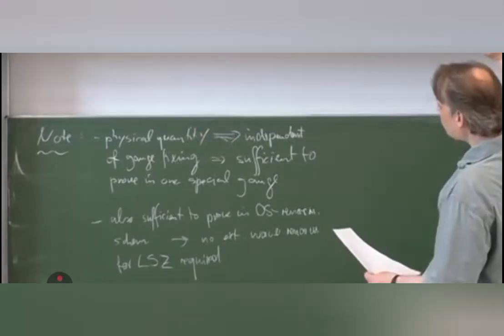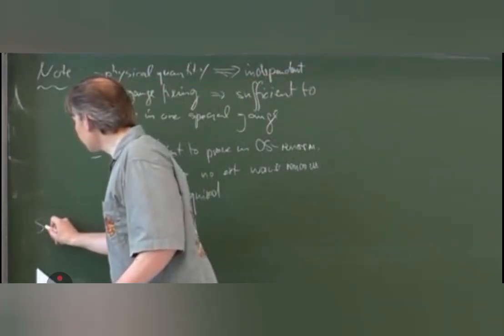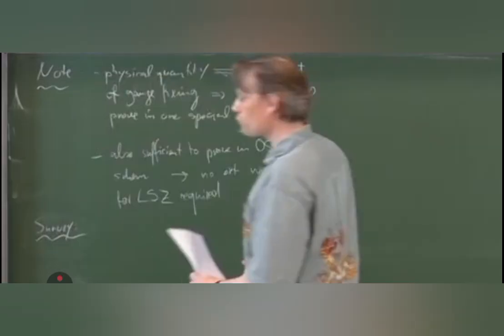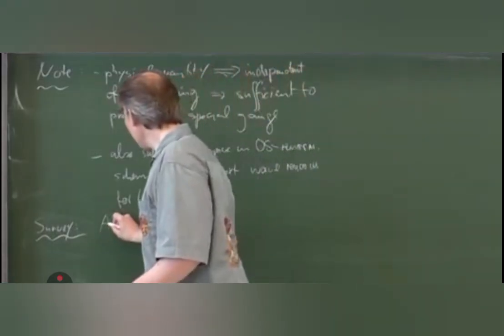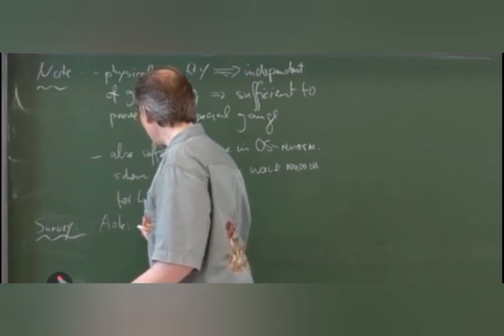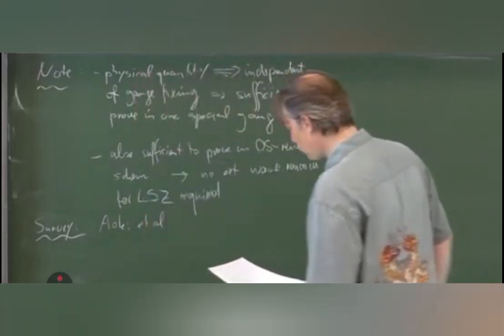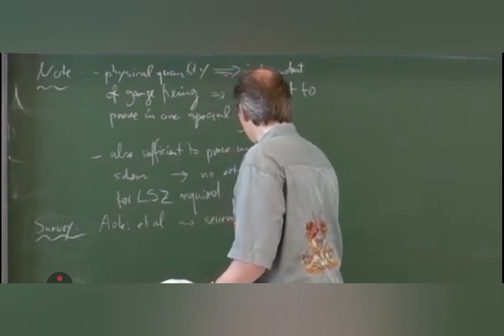Now let me provide you with a small survey. This problem of charge renormalization has already been discussed very extensively in this long review by Aoki et al. that I gave you from 1980. They have several proofs of charge renormalization.